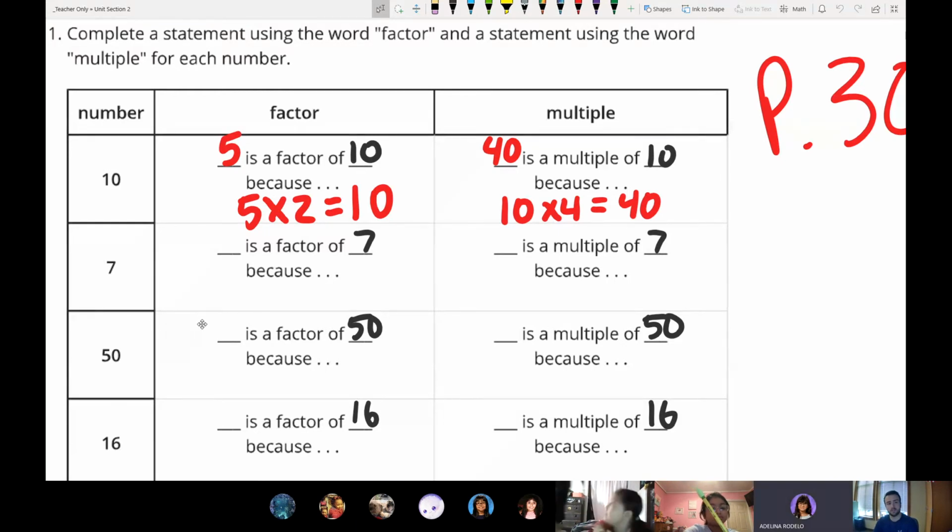Which factor do you want to choose? The factor I want to choose is 1. Wait, hold on. So you said 1 times 7 equals 7, but I need to write one of those factors in here. Which one do you want?